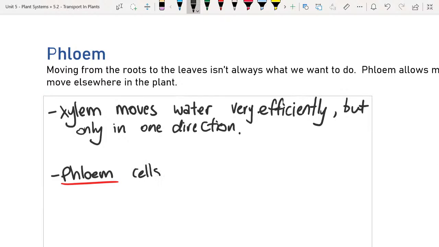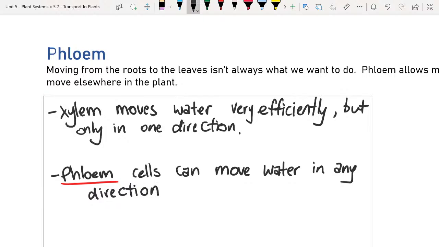Phloem cells can move water in any direction. And again, we say they move water, but they can move with that water anything you want to put in it.